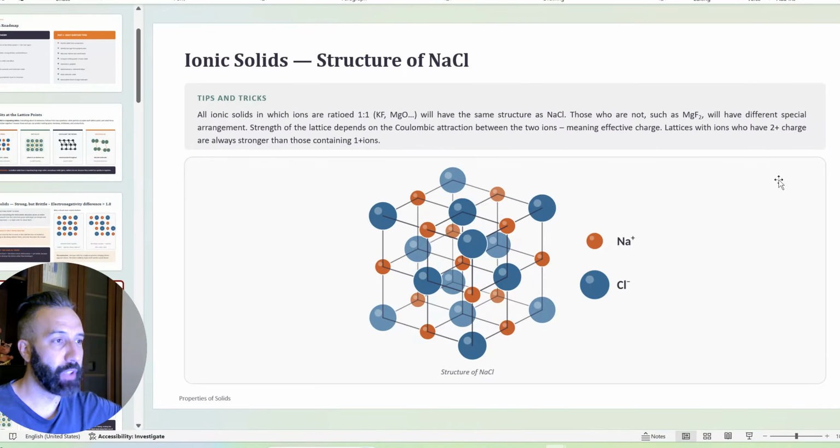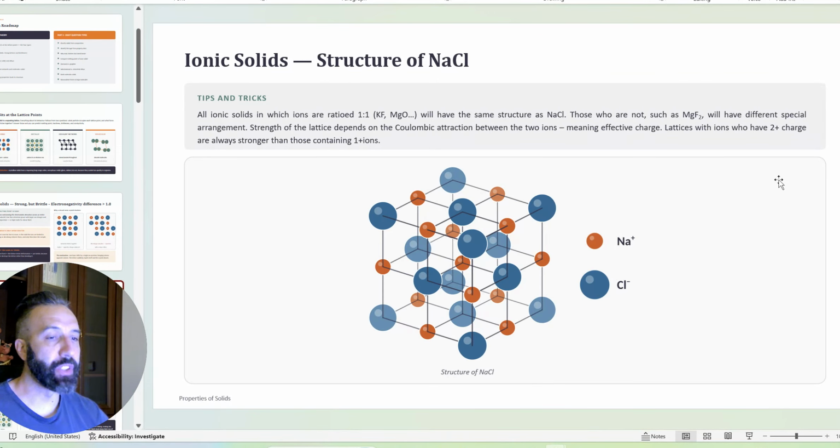And in the AP curriculum, in all the questions, and actually in chemistry, the bigger charge will always win. What does that mean? In MgO you've got Mg2+ and O2-, and MgO is going to have way higher melting and boiling points compared to NaCl, because NaCl is plus one, minus one, and MgO is plus two, minus two.